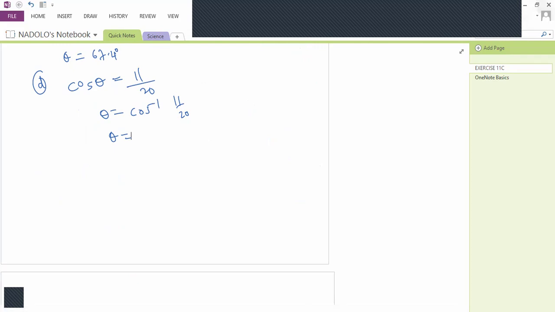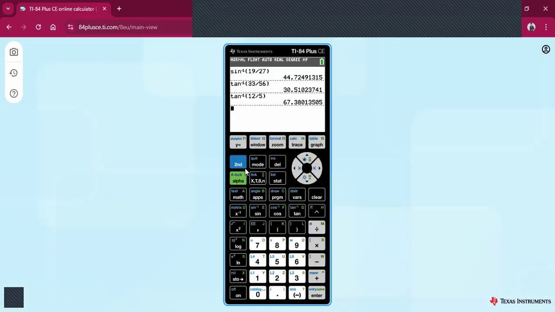I can share my GDC for us to input that. So cos inverse is second cos. So second cos 11 divided by 20. 56.6.